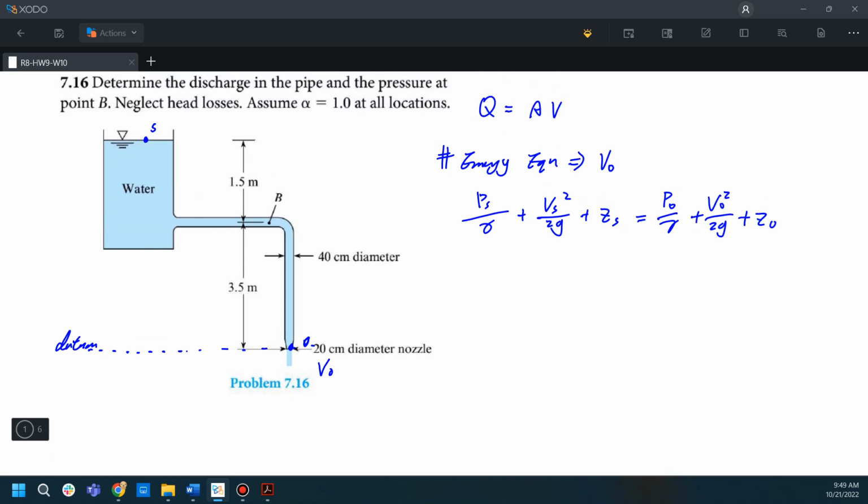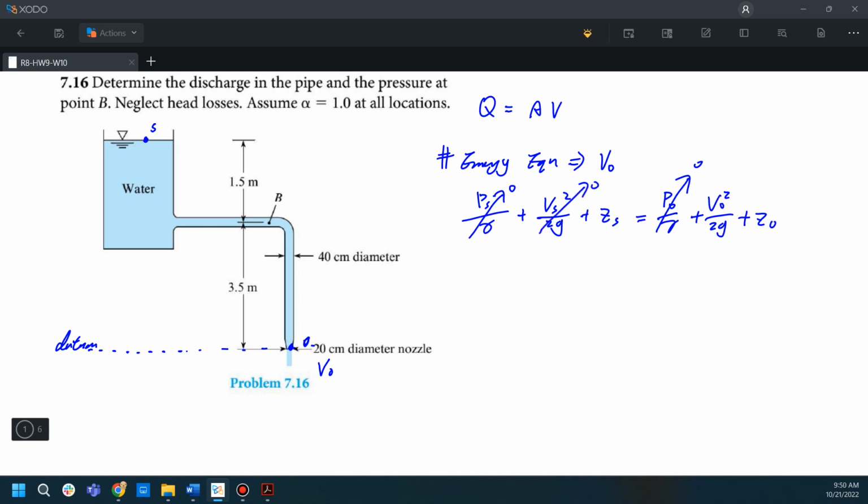Because the point defined in this diagram is at the surface, P is equal to atmosphere, so it's 0. The outlet is also open to the atmosphere, so this term is also 0. The velocity on this reservoir surface is also 0.